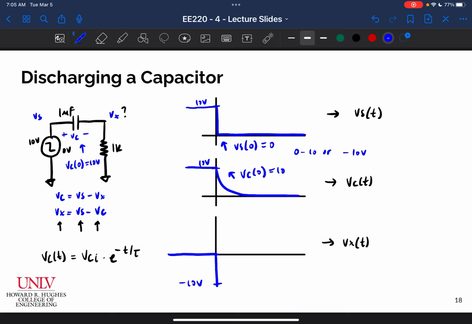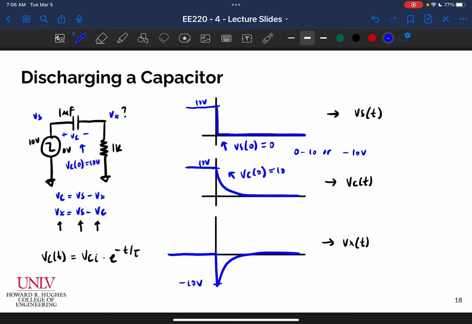And then, let me get my laser pointer out, as the capacitor starts discharging and that voltage starts dropping, this node voltage starts rising each time. And so what we end up with is behavior that looks just like this for node VX.